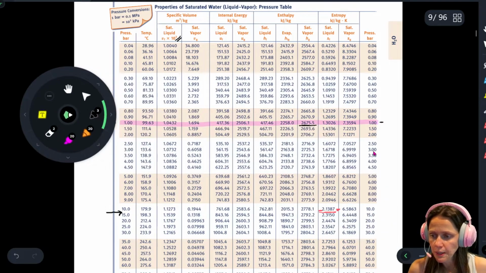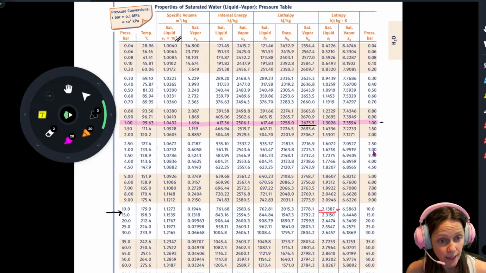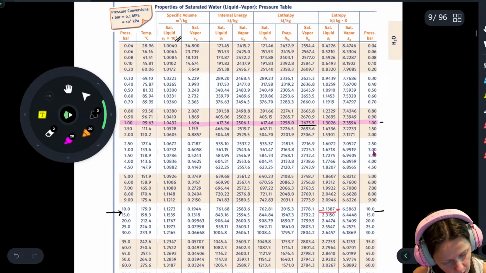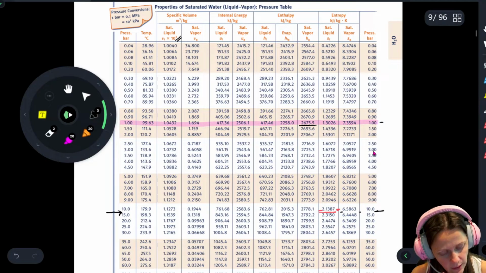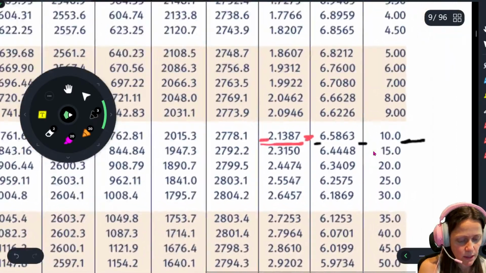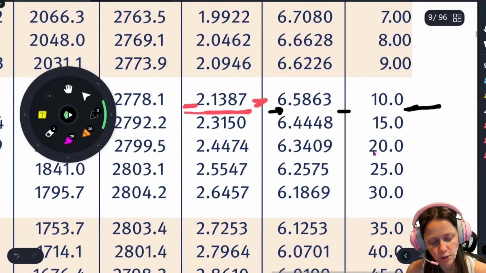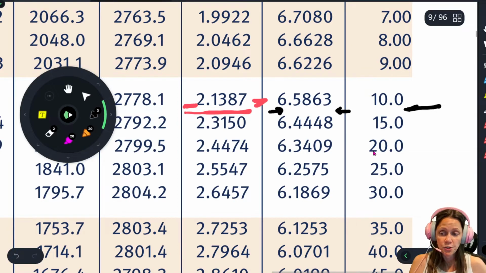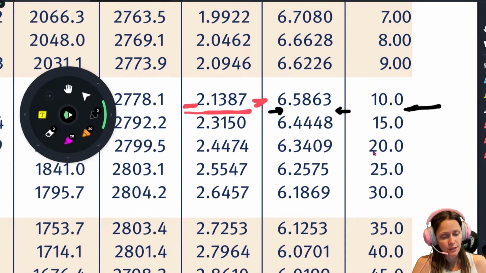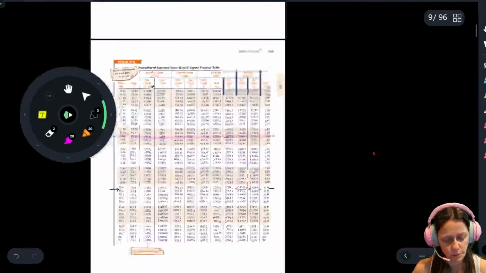So our entropy is 6.88. And you can tell, even if I interpolated, that's my S of G value, with an entropy of 6.88, it's above that. So clearly we're in that superheated region.